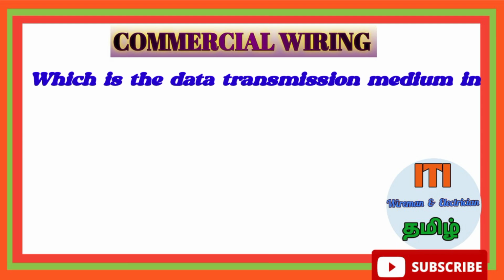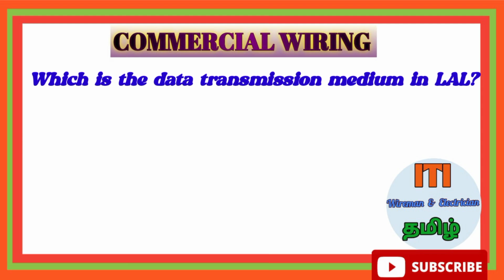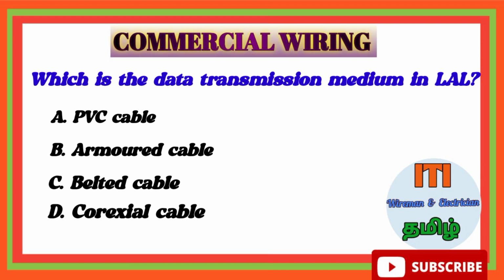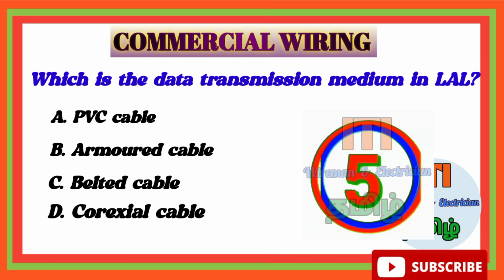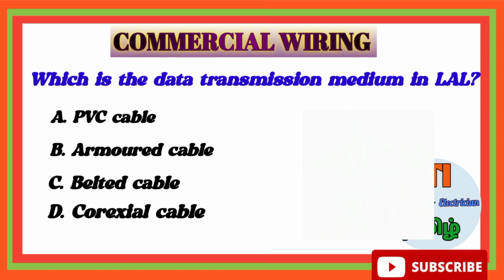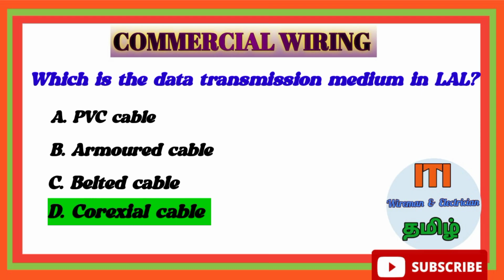Which is the data transmission medium in LAN? Option A, PVC cable. Option B, armored cable. Option C, belted cable. Option D, coaxial cable. Answer: option D, coaxial cable.